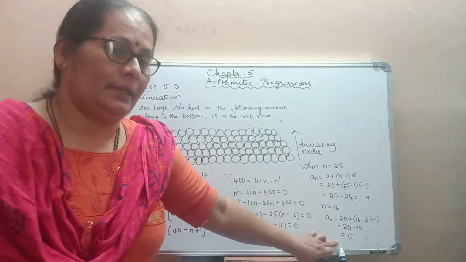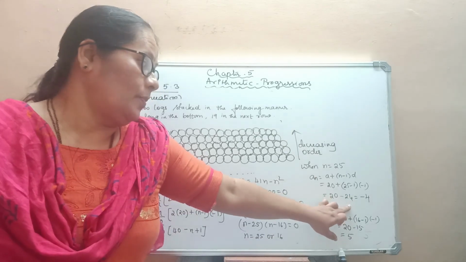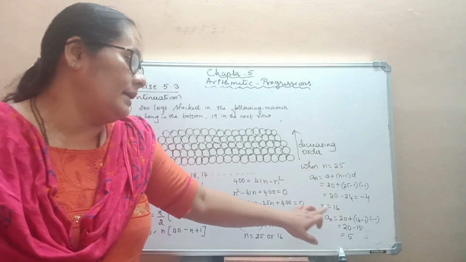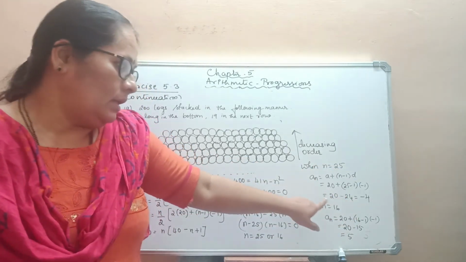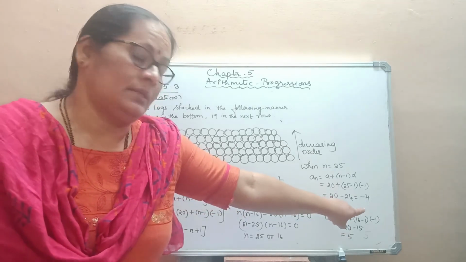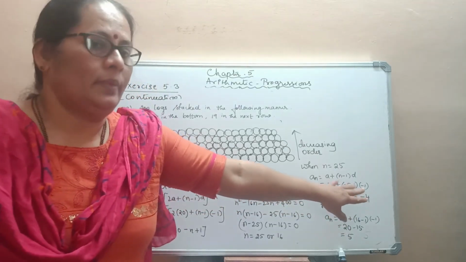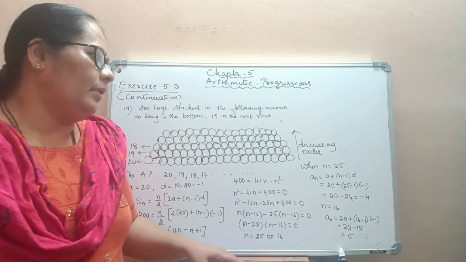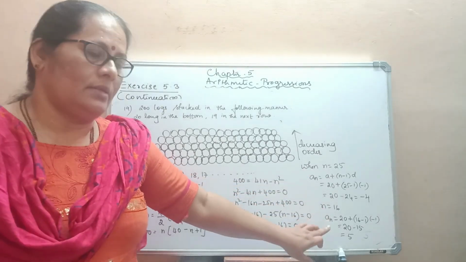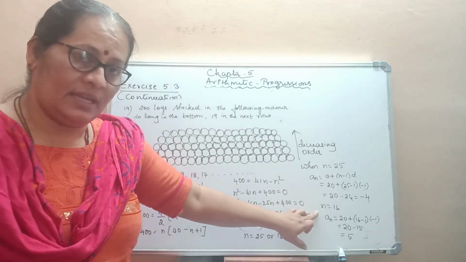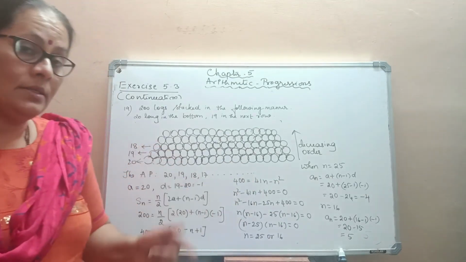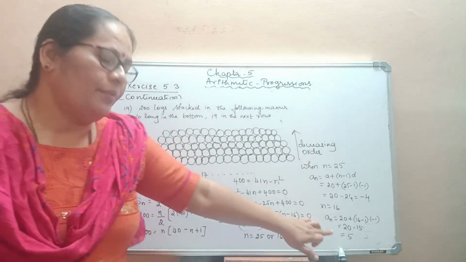So this possibility is there. But when n is 25, an is minus 4, so the number of logs in the top row is negative, and logs cannot be negative, right? Therefore, the number of rows is 16 and the number of logs in the top row is 5.